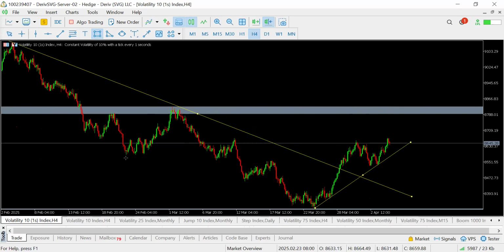Now, from the H4, you could have a key zone here, because this is a double bottom. From the double bottom, this was broken. It took out the top, made a retracement back into the zone.